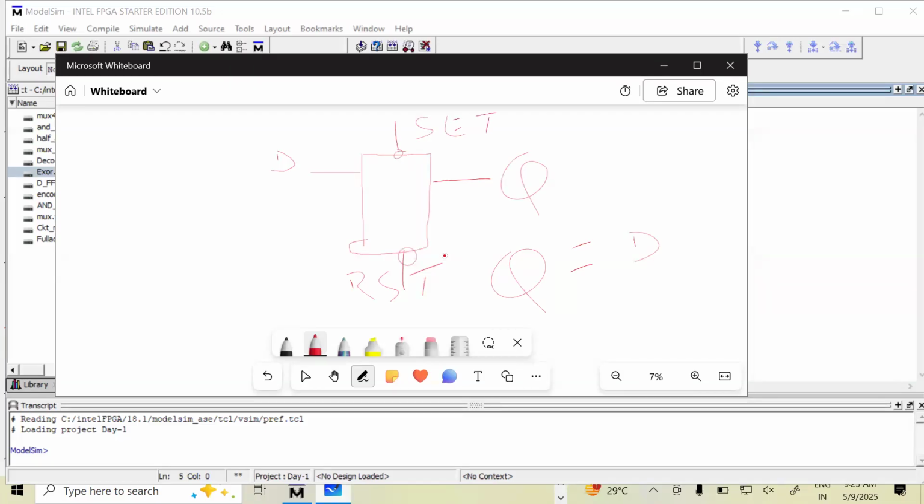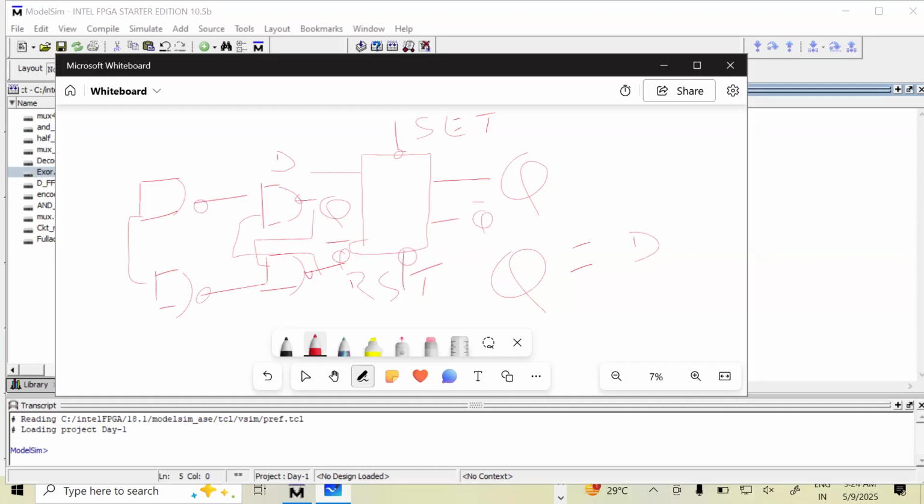If you are going through this D flip-flop, the actual circuit is this. There are two AND gates there. They are cross connected. It is Q complement here. And the two gates, these are NOT gates.